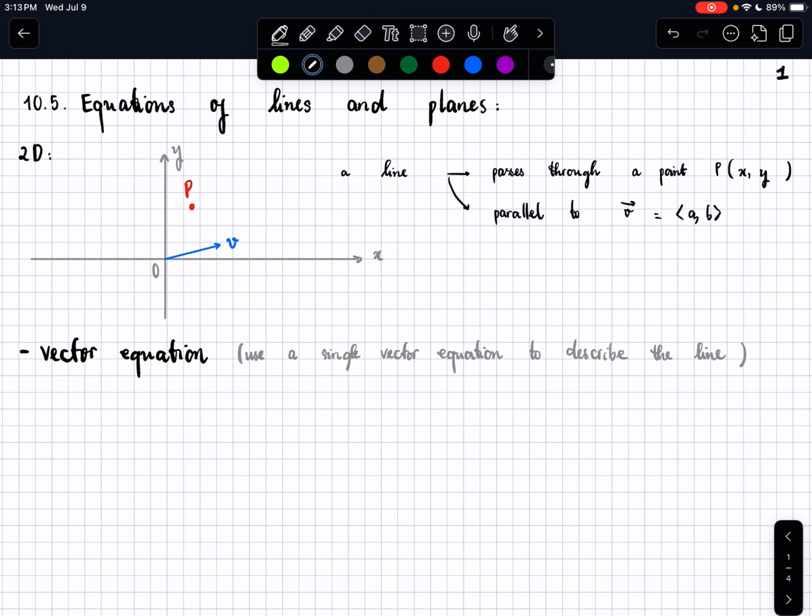For example, if we know that the point P is on the line and the line is parallel to a vector V, then we know that the line has to be this one. So the line is parallel to V and passing through P.